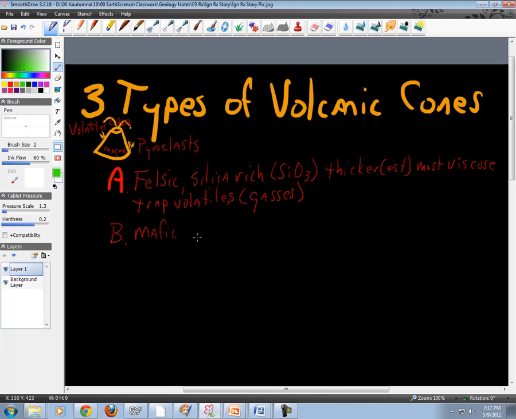Okay, the second type we have is mafic. I'm going to change color. This stuff tends to be silica poor. Where this up here may be 60 to 70%, this may only be 40 to 50%.